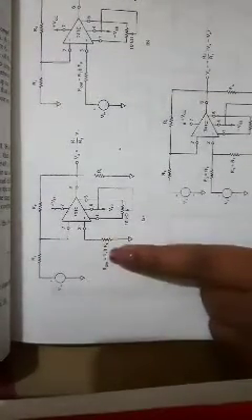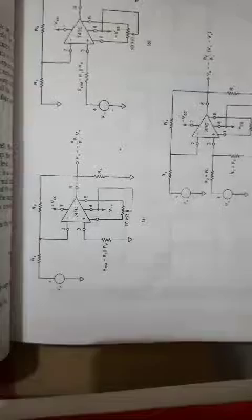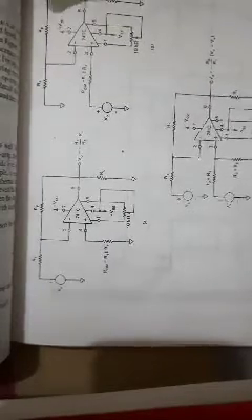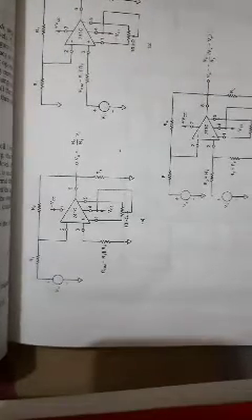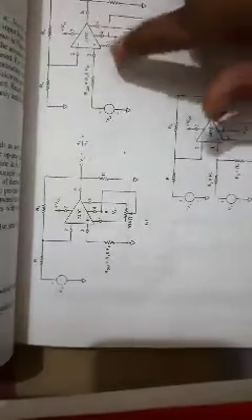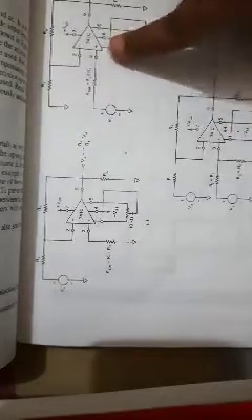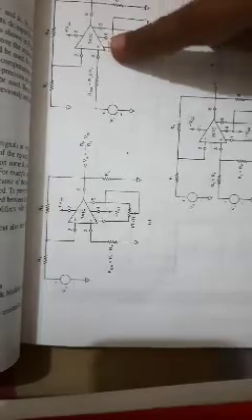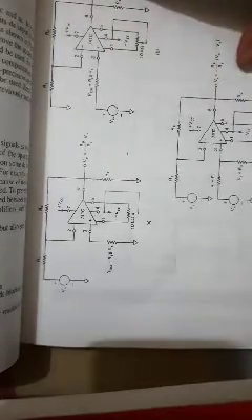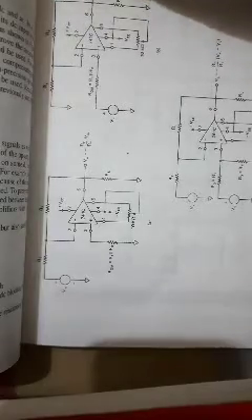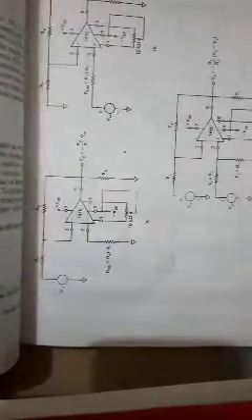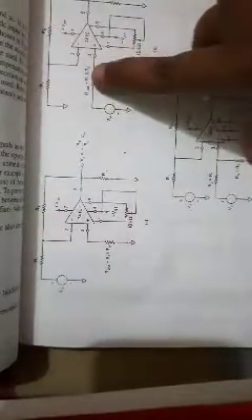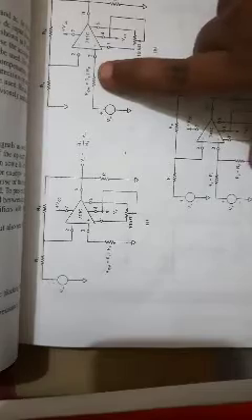The reason it is used is to minimize the effect of input bias current on the output offset voltage. In a non-inverting amplifier it is the same. Our input is applied to the non-inverting terminal and the gain is 1 plus RF divided by R1, hence the output is 1 plus RF divided by R1 whole into Vin. Here also ROM is connected as R1 parallel with RF.